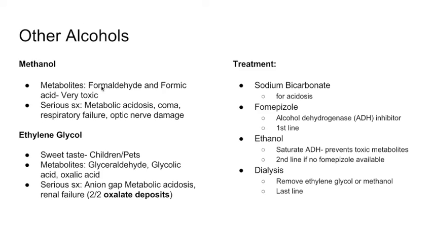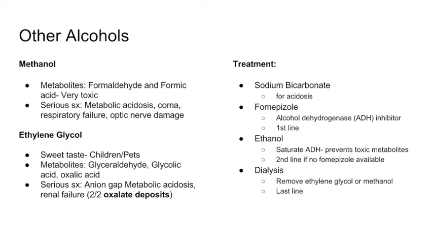Methanol is metabolized into formaldehyde and formic acid, which is very, very toxic. The symptoms for methanol is you get metabolic acidosis. And let me ask you a question. Do you get anion gap metabolic acidosis or non-anion gap metabolic acidosis?